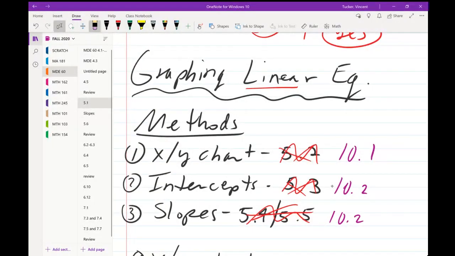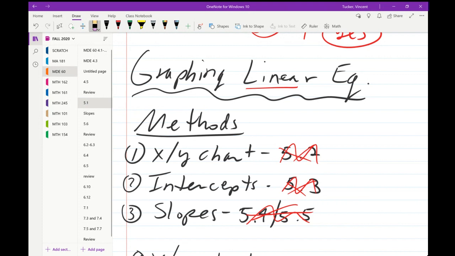Erase this stuff. I was scribbling on it. So there are three methods to graph your linear equations. We can create an XY chart, we can use our intercepts, or we can use our slopes.